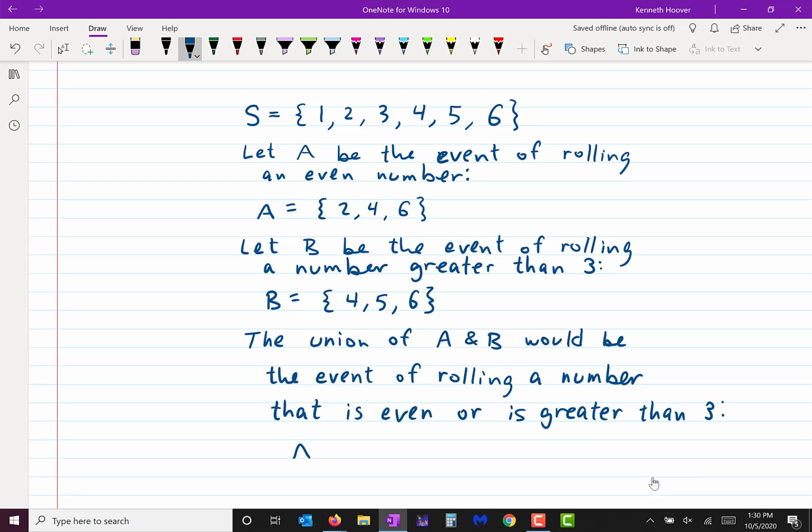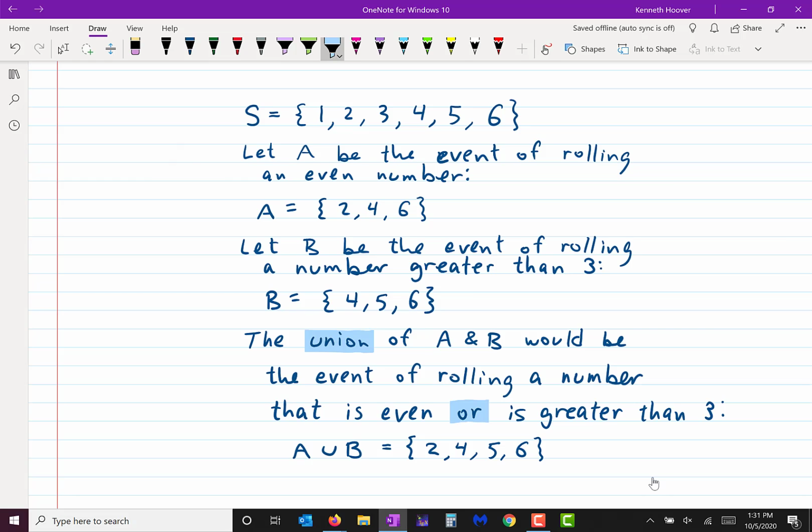And what would it look like? A union B, we write that way, and then it would be the set of all numbers that are even or greater than 3. So 2 would be in there, and so would 4, and so would 5, and so would 6. And the key word for union is the word or.